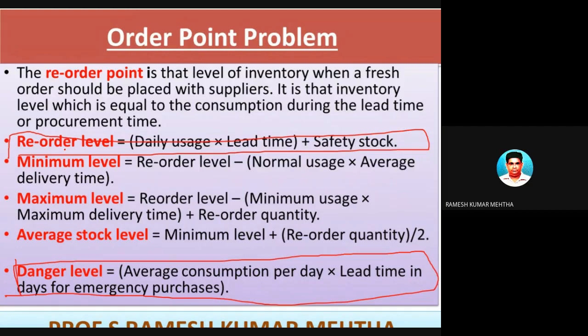There is no tea powder in the container, and I got irritated because if I don't consume tea in the morning, I get irritated and the day goes wrong. Something has gone wrong in my planning, meaning I did not order in time. So you have to order in time so that there is no shortage of your raw material. This is what we are going to discuss as far as the ordering point is concerned.